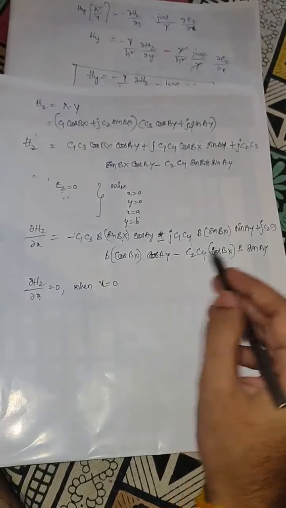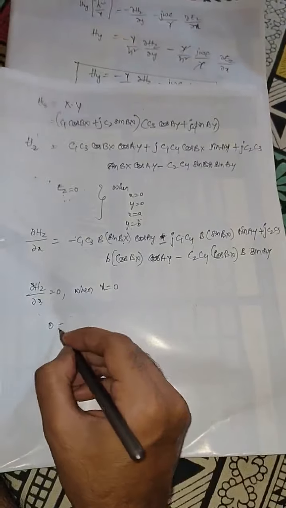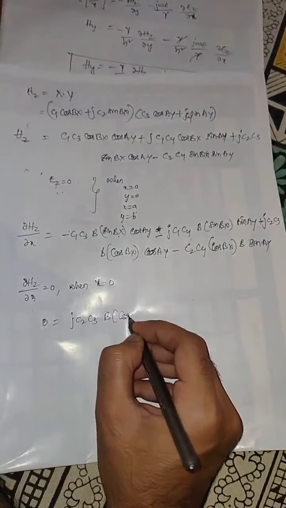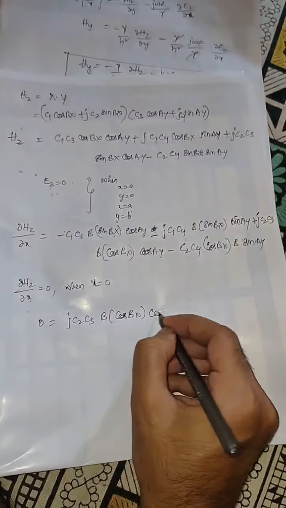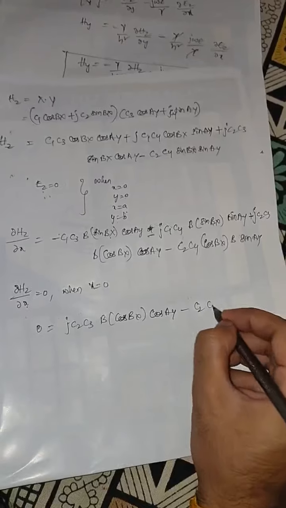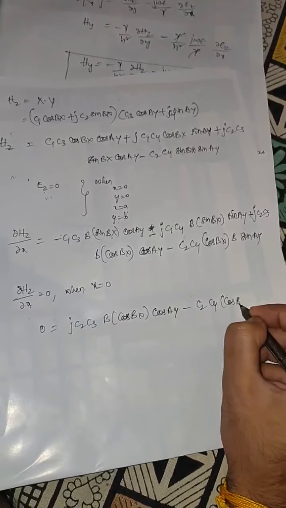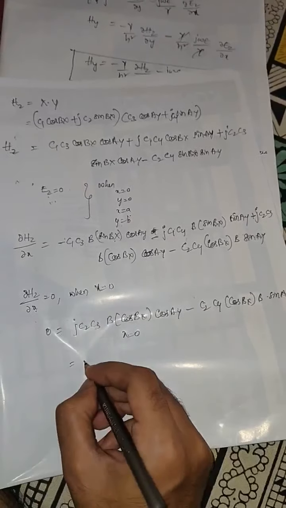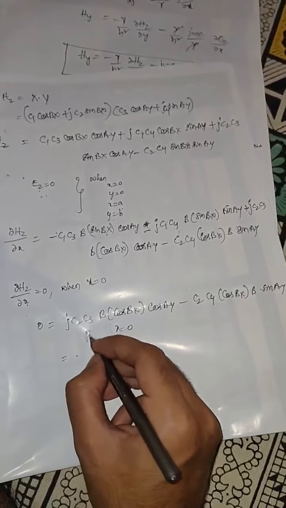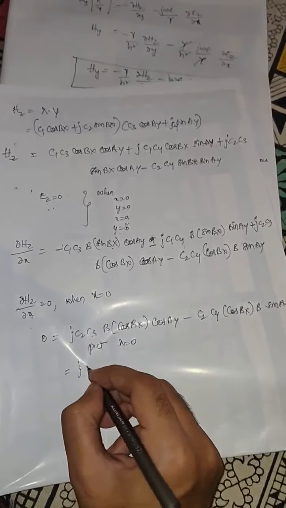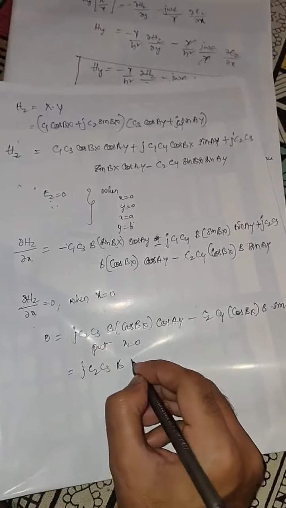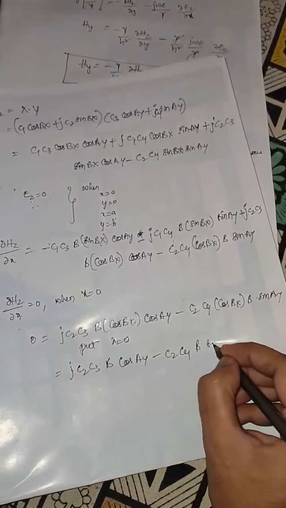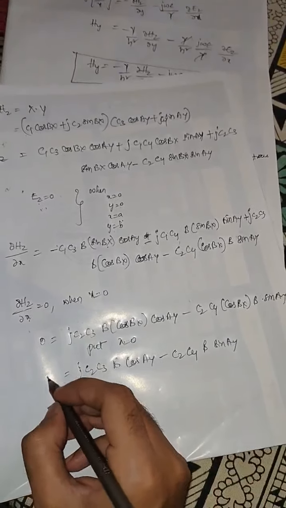So you'll get the two terms: 0 is equal to j c2 c3 b cos bx cos ay minus c2 c4 cos bx b sin ay. If I substitute x equal to 0, so j c2 c3 b cos ay minus c2 c4 b sin ay is equal to 0.